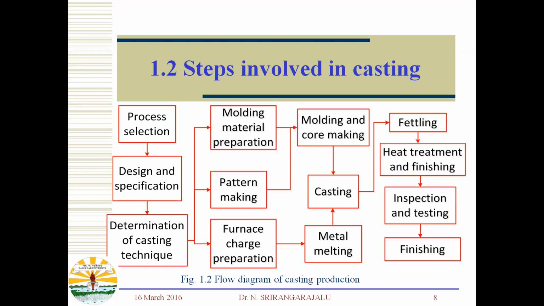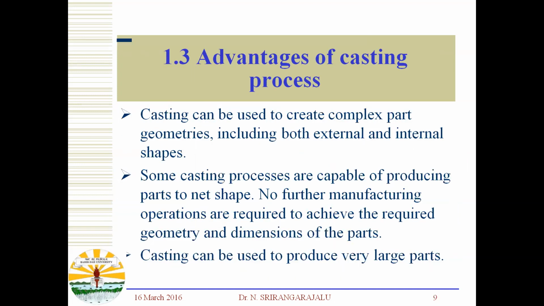After the casting is finished, there is fettling, which is a cleaning process, then heat treatment and finishing, inspection and testing, and the finished product. This is the flow diagram of casting production.